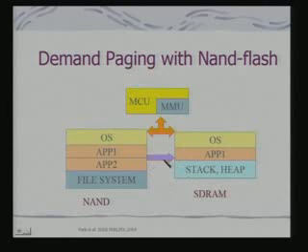Then depending on the application requirements, pages of the application get loaded onto SDRAM, and for running that application you would need stack and heap. Those pages could also be accommodated in the SDRAM. So the pages get loaded on demand onto the SDRAM from the NAND file system. This is an example where you can use demand paging in an embedded appliance.